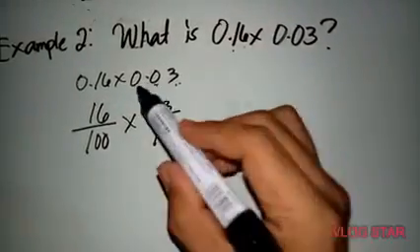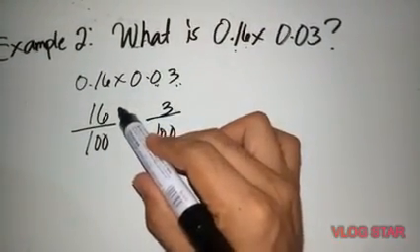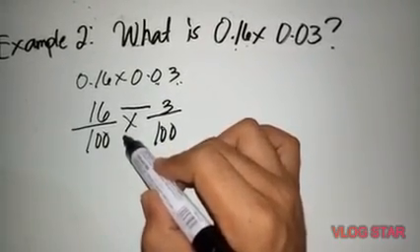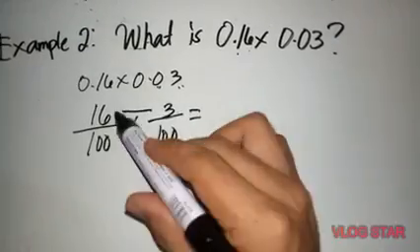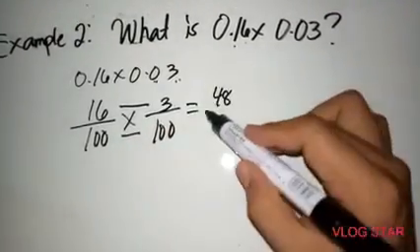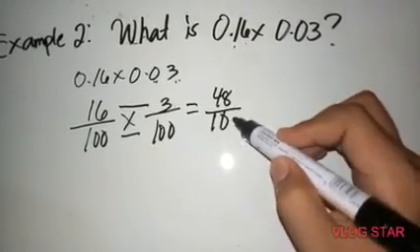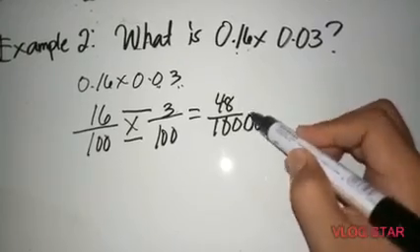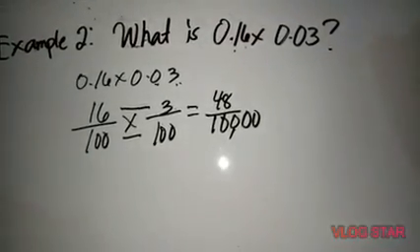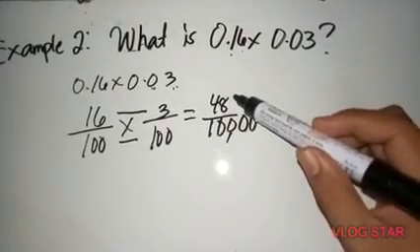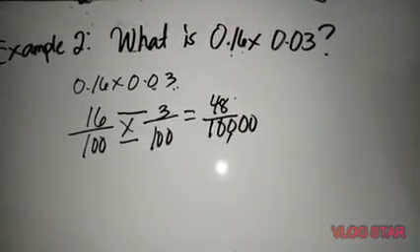Then after that, just multiply the numerator to numerator, denominator to denominator. 16 times 3 is 48. Then 100 times 100 is 10,000. So we read this one as 48 ten-thousandths.